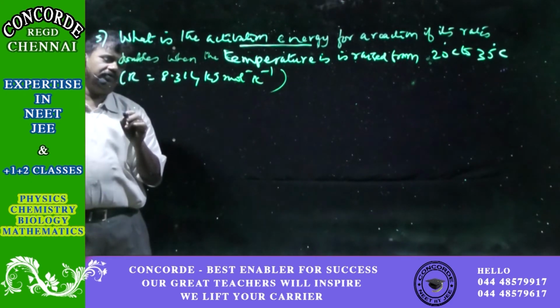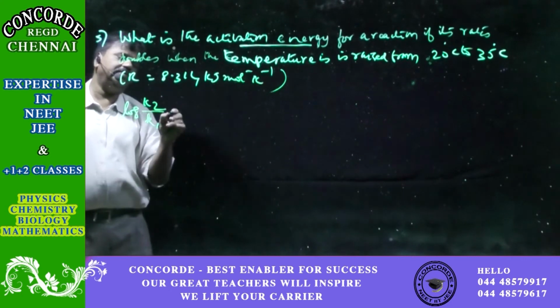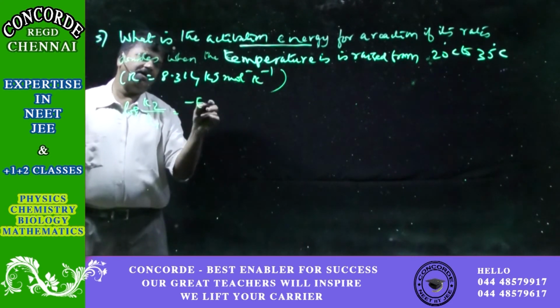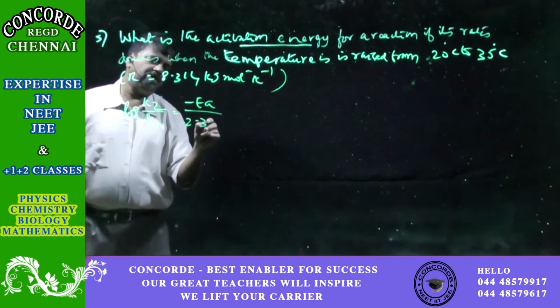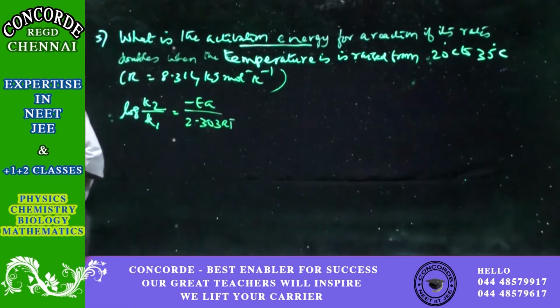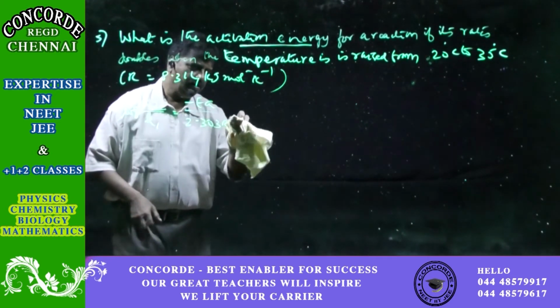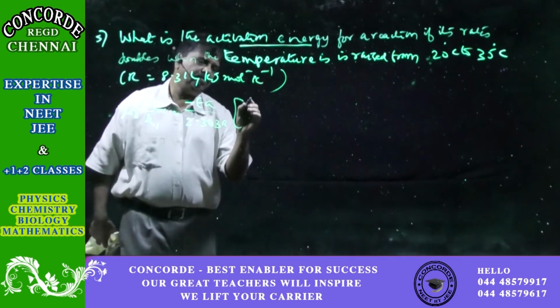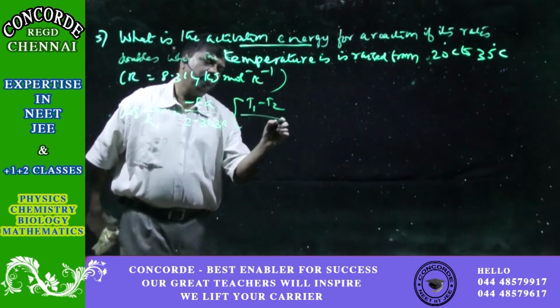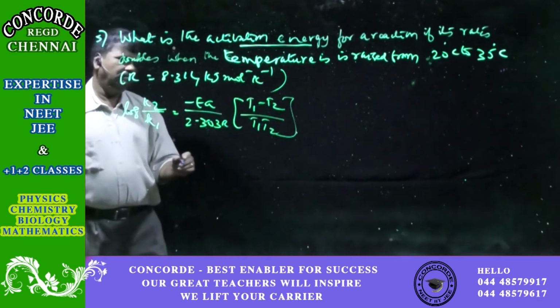So log of K2 by K1, this is the Arrhenius equation: log of K2 by K1 is equal to minus Ea by 2.303 R, times T1 minus T2 by T1 T2.